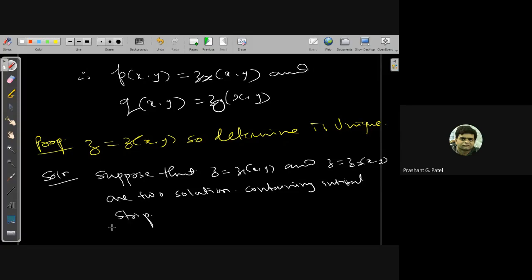So that means whatever surfaces are generated, they coincide. That means the solution is unique. And that completes the case that the Cauchy problem for nonlinear first order partial differential equations exists and is unique.